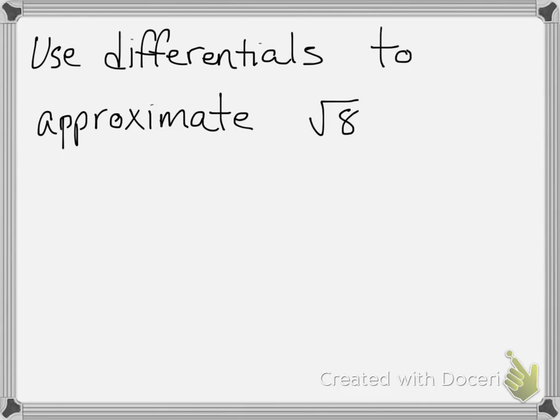Alright, so whenever we're using differentials, since we had the square root of 8, the first thing we need to realize is that our f of x is going to be the square root of x.